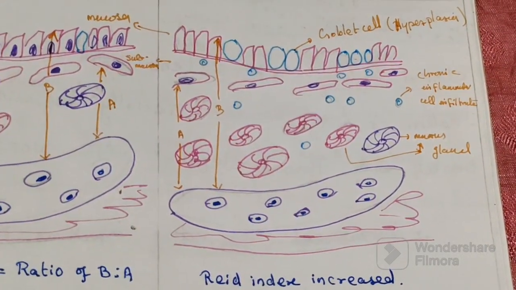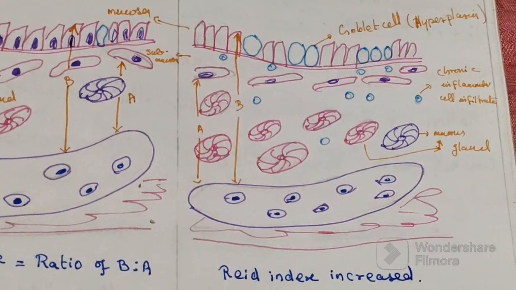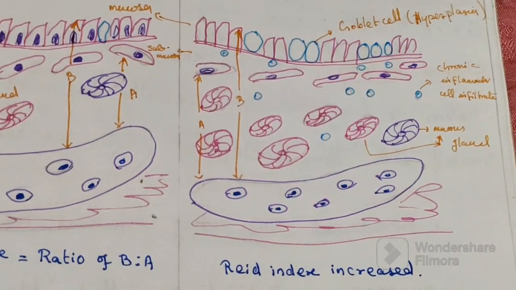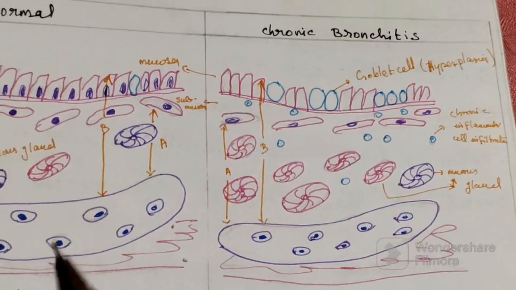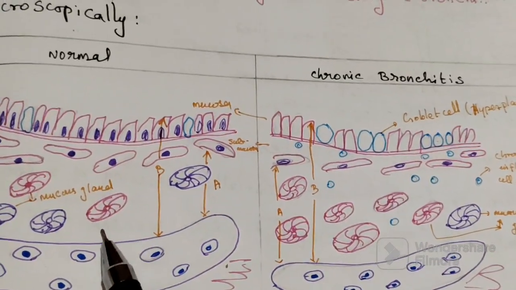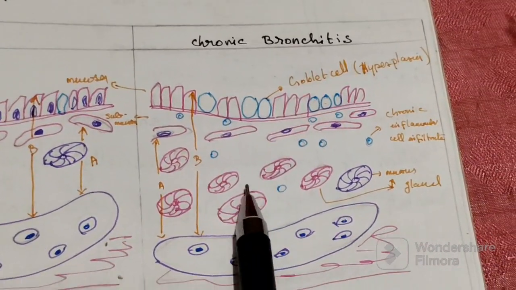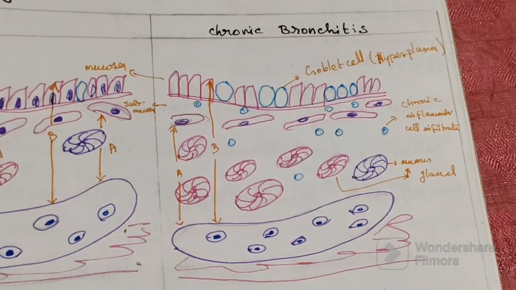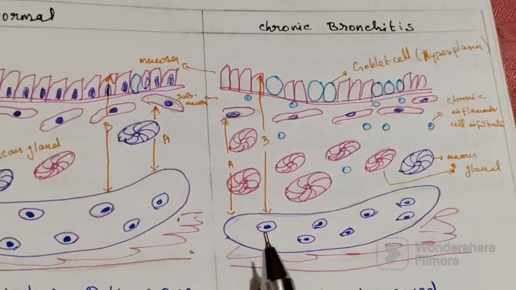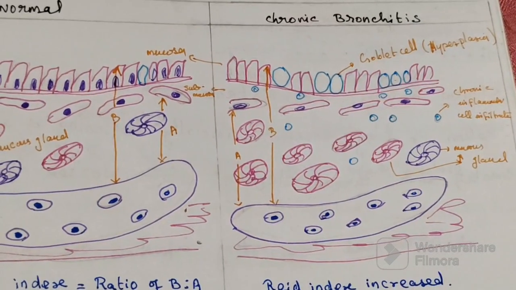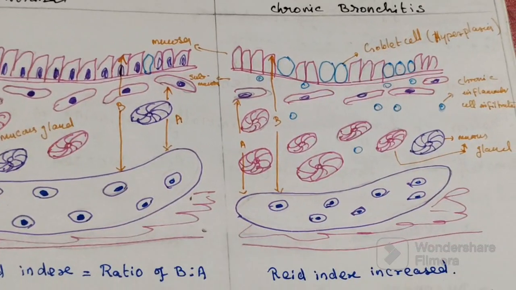The size may not be visible, but it is increased. Comparing to the normal submucosa, here the glands and their number increase. There are no changes in the third layer, muscularis propria, and the adventitia. The third and fourth layers are no different.